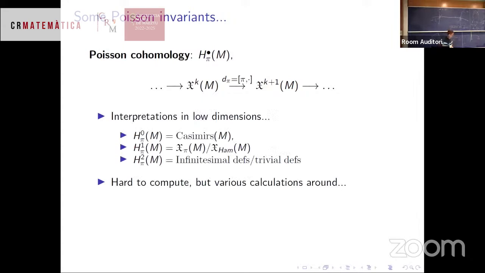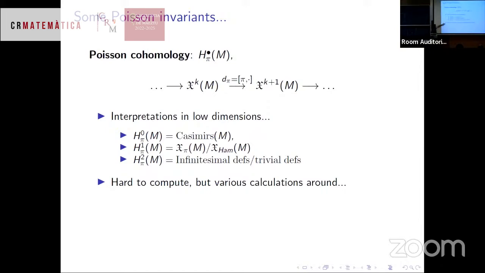And as is usual for cohomologies, the lower degree cohomologies have nice geometric interpretations. So this can be all like exercises. The zeroth cohomology gives you the Casimirs of the Poisson manifold. Again, these are functions that Poisson commute with any other function, or equivalently the functions whose Hamiltonian vector fields vanish.